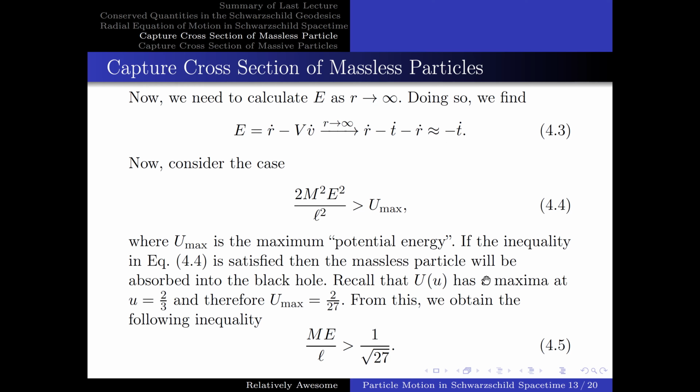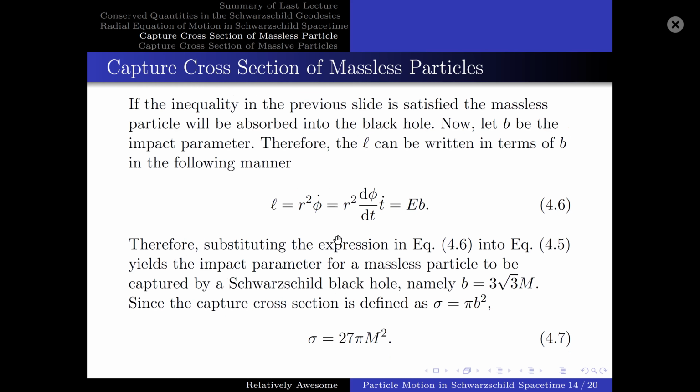Now, recall that capital U has a maxima at small u equals 2 over 3, and therefore U max is equal to 2 over 27, and therefore we have the following inequality. Now, if the inequality from the previous slide is satisfied, the massless particle will be absorbed into the black hole.